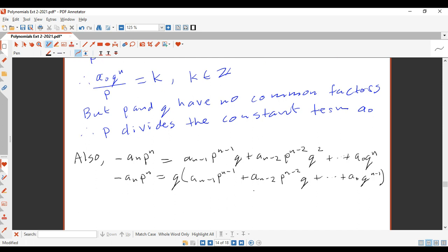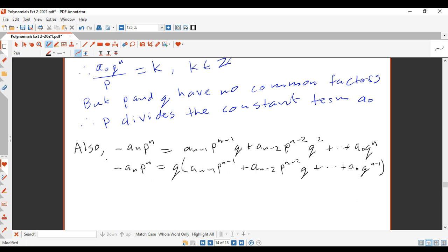Okay, now we're going to divide both sides by q. So you're going to have minus a n p to the n divided by q.